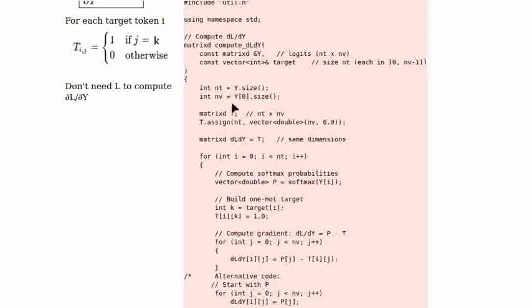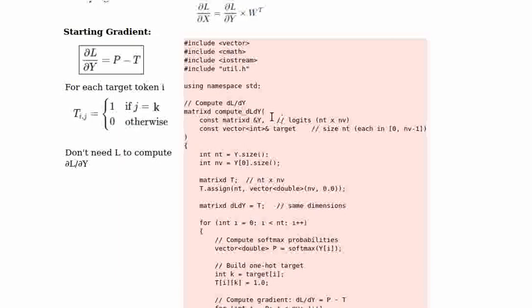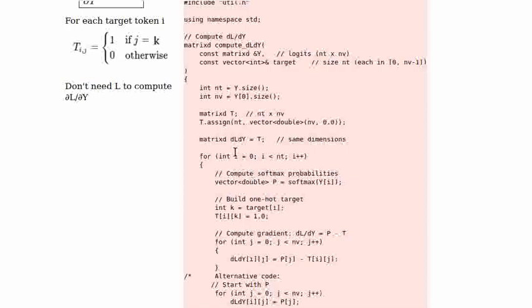So we calculate NT and NV from the matrix Y, and matrix T is NT times NV actually. And it starts with all 0. Most of these are 0. And we let the dL dY be T. That means we set them to have the same dimensions.